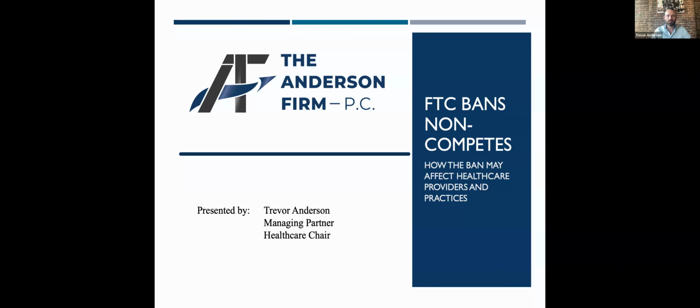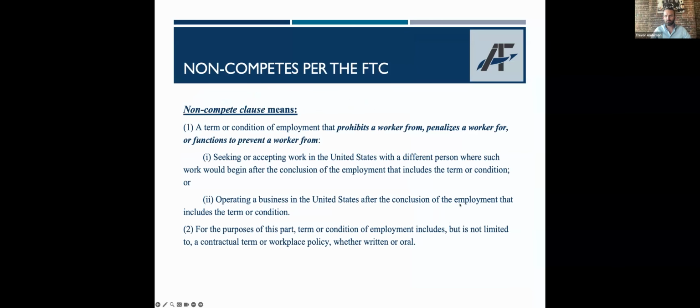So non-competes, what does that mean? Well, I think most people have a decent idea of it. It's a restrictive covenant that shows up in employment contracts. And the FTC has a very specific way that they've defined this that you can see here that was included in their rule. And what they've decided is they've taken on a very expansive role of non-competes.